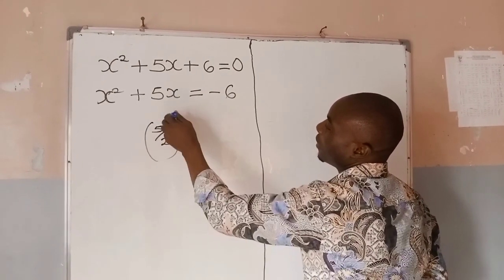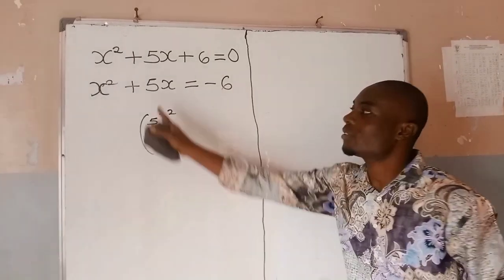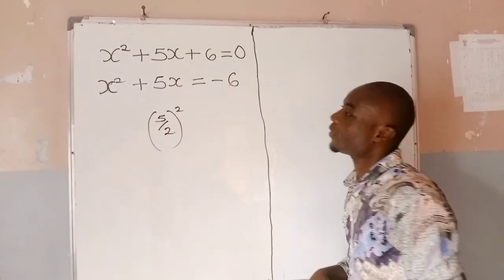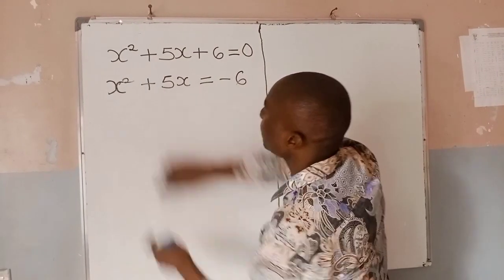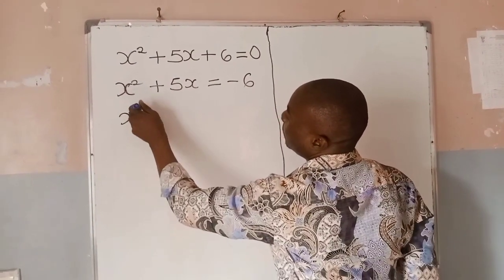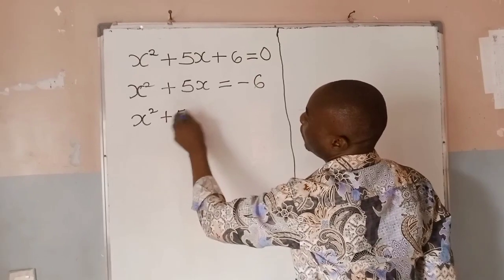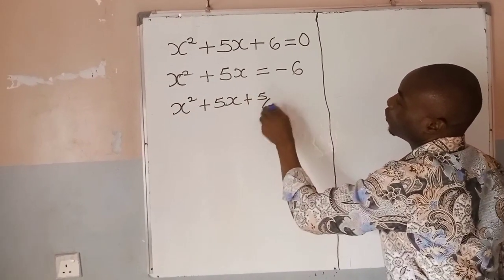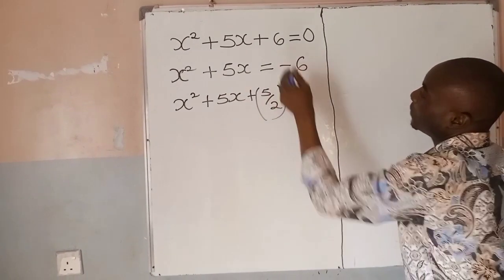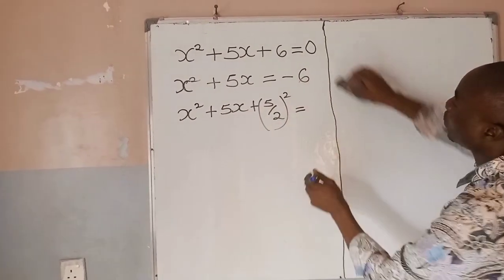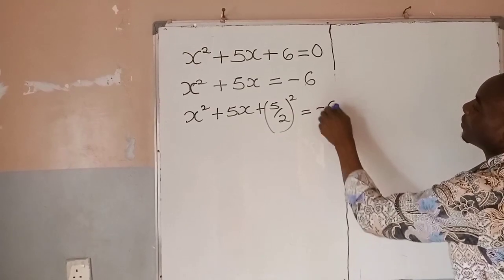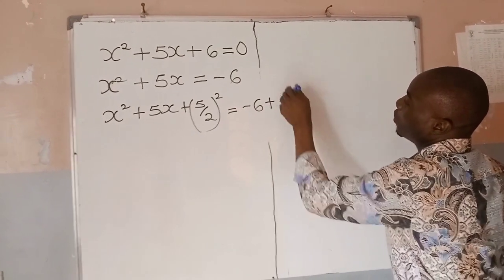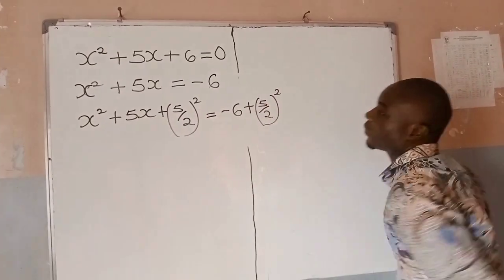Then we square all of that and add it to this side of the equation and this side of the equation. Alright? So I'll bring down my x squared plus 5x plus 5 over 2 all squared, and that's equal to minus 6 plus 5 over 2 all squared.